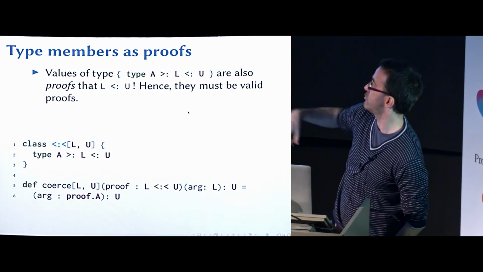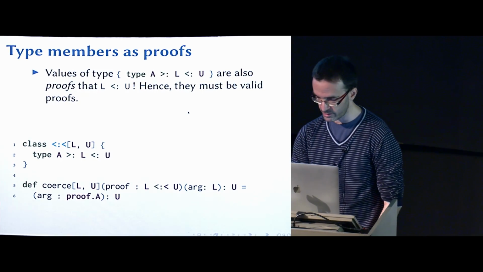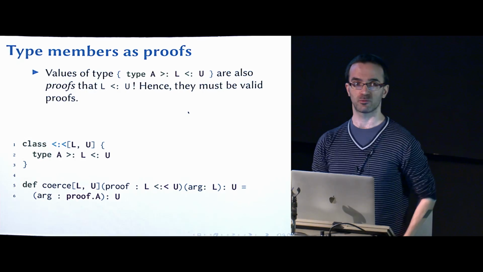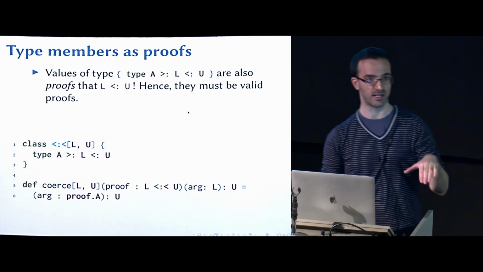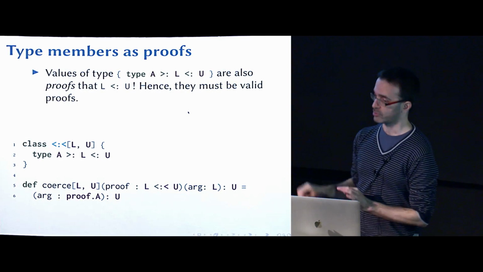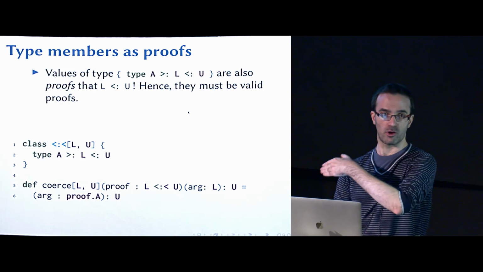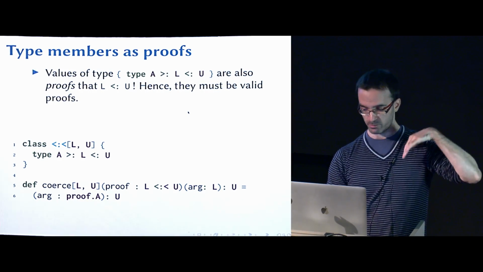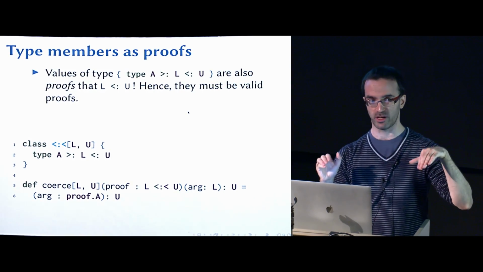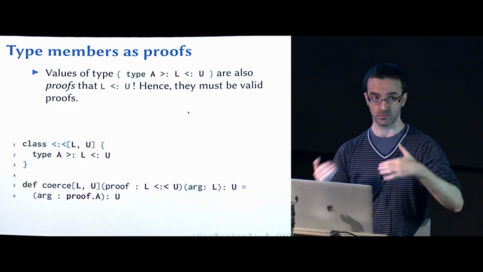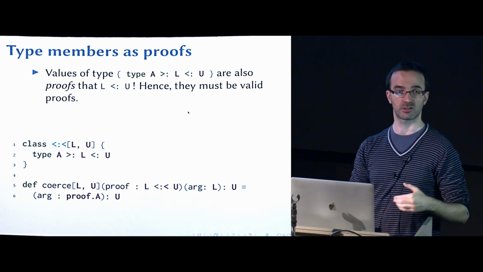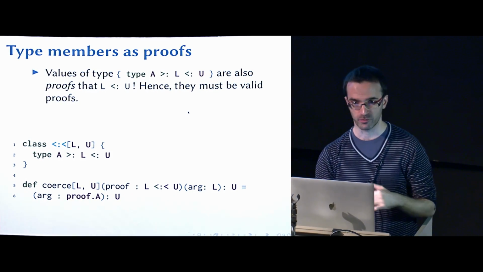So we can use this pattern in code, and this is the main source of complexity of the actual proofs. Because you allow encoding proofs of subtyping and carrying them around, the soundness proof for DOT must show that when you have a value with such a type member, it's a valid proof of subtyping.